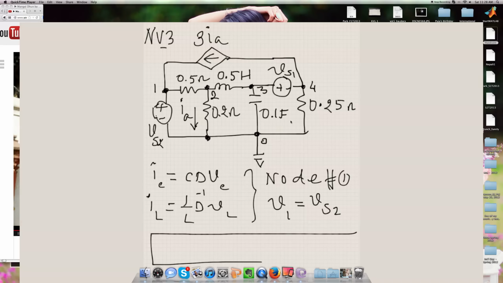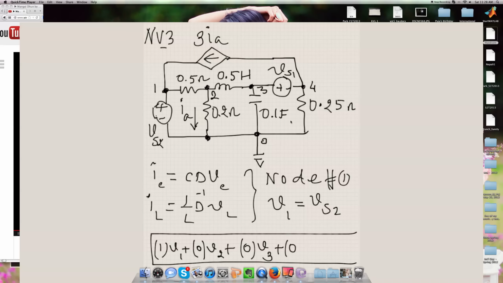In this box, we will put 1 V sub 1, no V sub 2, no V sub 3, no V sub 4, giving us what now? PS2. This is to say V sub 1 is PS2. Now, one box is ready.